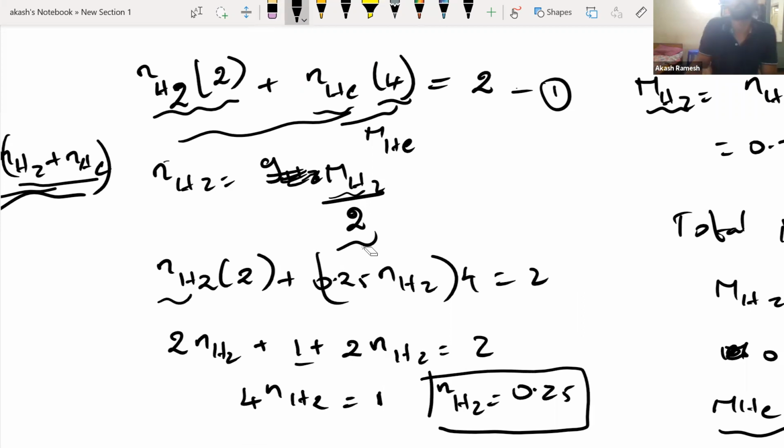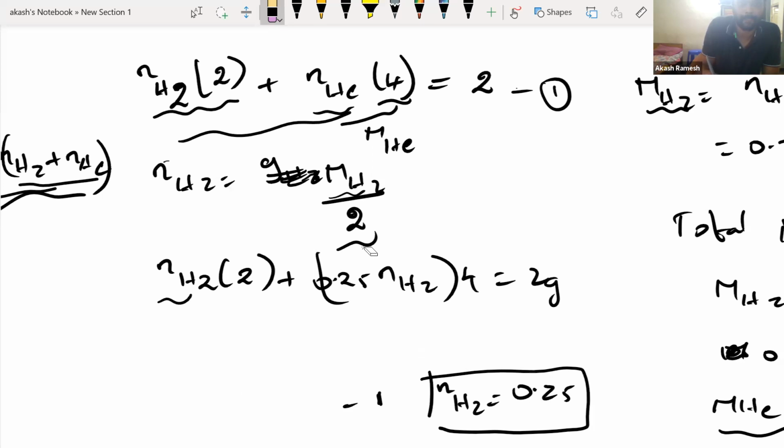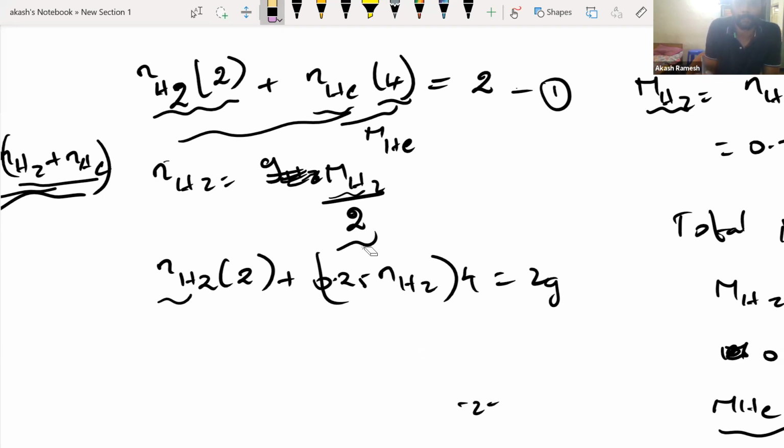Is equal to total 2 grams, right? Total 2 grams. Now what will happen? Now this would be 2 into number of moles of H2. Basically, if I write it entirely, if I just strike it out. Right. So if I do that, it won't be 2.5.